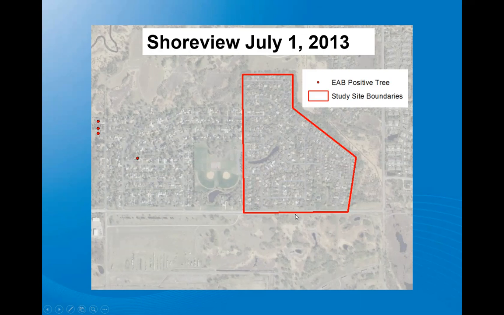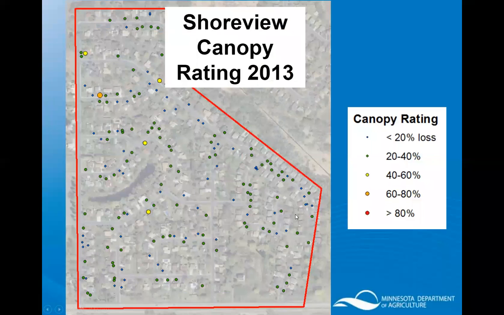And then what we did in this neighborhood is we went through and we looked at all of the ash trees during the summer and rated their canopy, with the idea that the standard recommendation is if you have more than 40 to 50% canopy loss, your trees are beyond treating for EAB. So we rated them on this scale of how much canopy loss there was. And trees were pretty good in this neighborhood at that point in time.